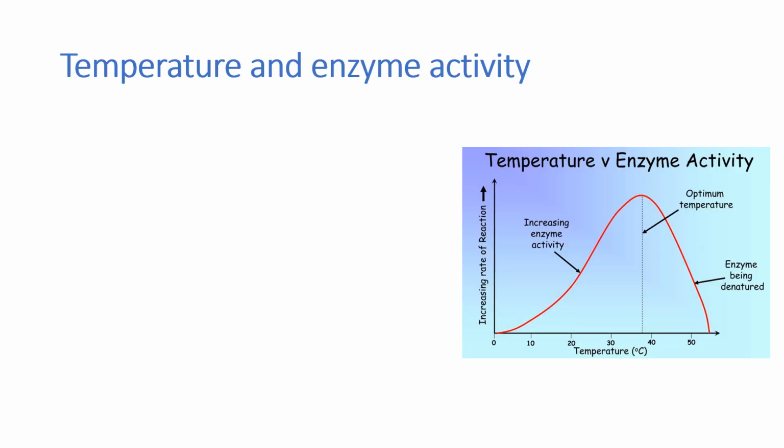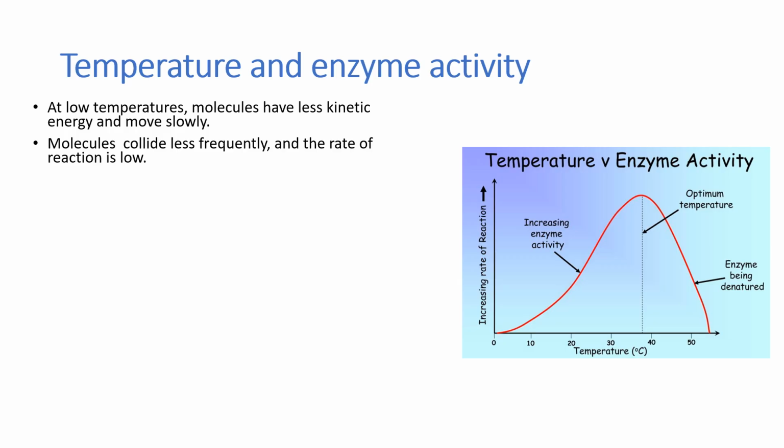Now let's see how enzyme activity changes with the temperature. According to the graph, we can see at very low temperatures, the rate of reaction is also very slow. So according to the particle theory, we know at low temperatures, molecules have less kinetic energy and they move slowly.